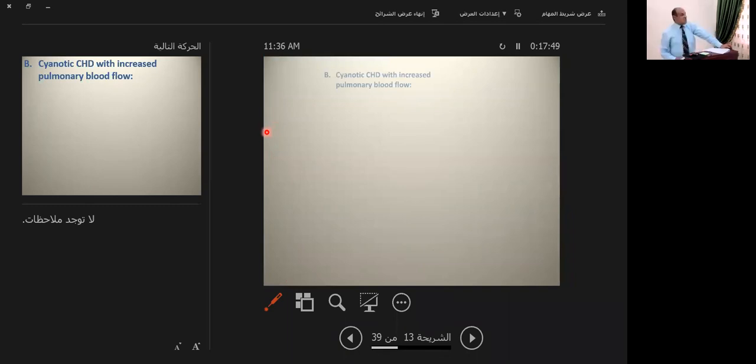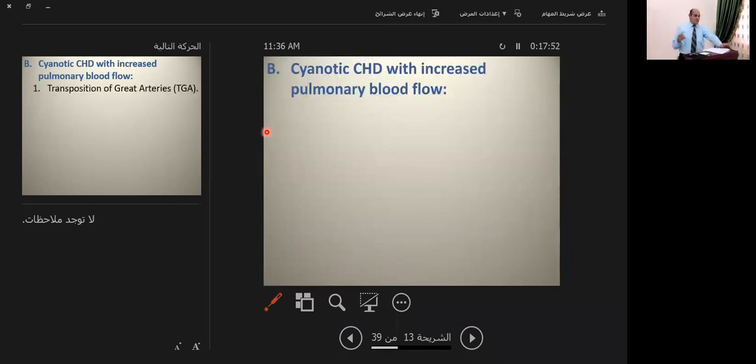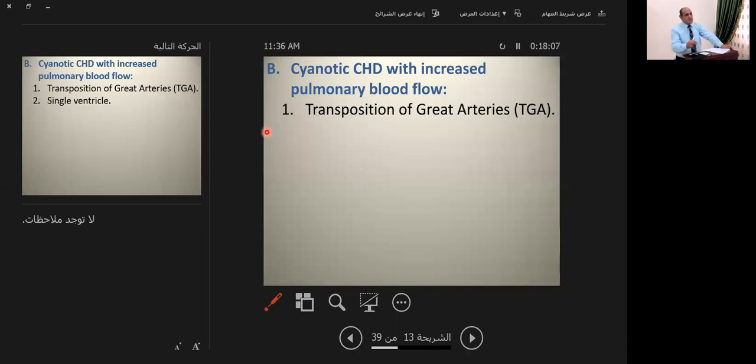Cyanotic congenital disease with increased pulmonary blood flow. Earlier I had decreased pulmonary blood flow; here I have increased pulmonary blood flow. Where does this happen? Mainly in the transposition of the great arteries. As you know, in transposition of the great arteries there is reverse communication of the great arteries to the ventricles. That means the aorta will be connected to the right ventricle, while the pulmonary artery will be connected to the left ventricle.